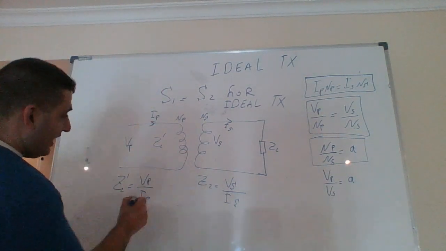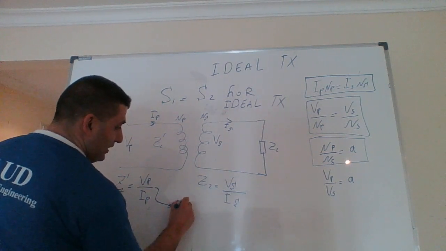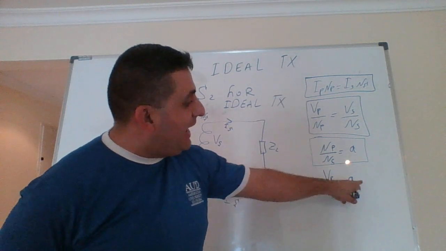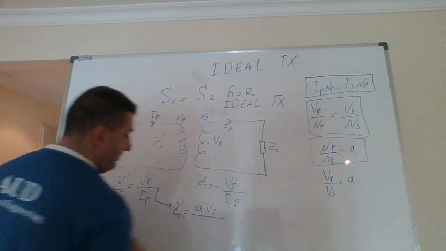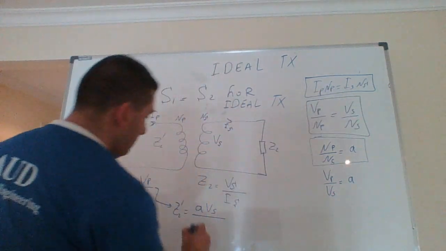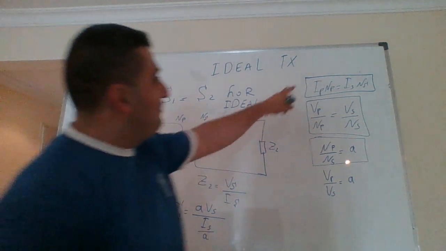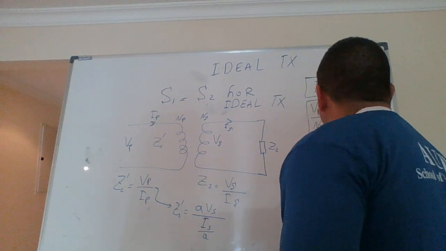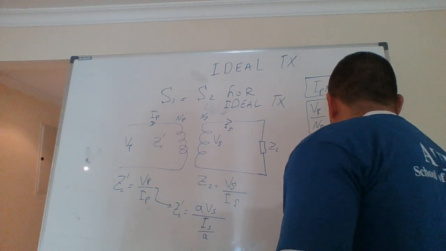Now, what I have to do is take this and say Z2 dash. What's V primary? It's equal to A V secondary, divided by, what's I primary? I primary is equal to I secondary over A. If you look at it from this point of view, I primary is equal to I secondary multiplied by Ns over Np.